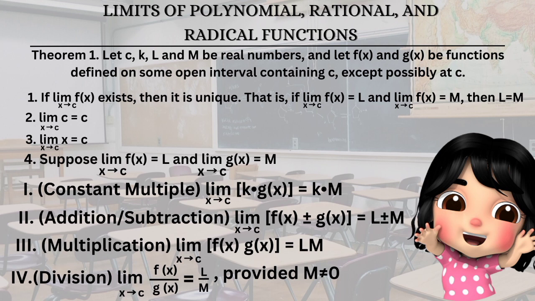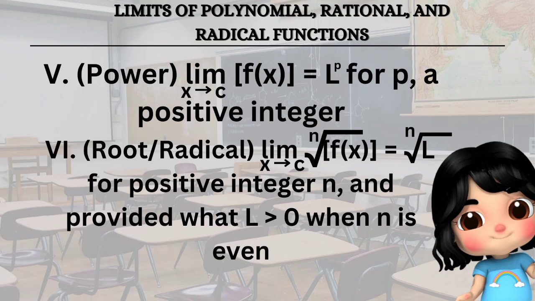Multiplication. Limit of f of x times g of x as x approaches C is equal to LM. Division. Limit of f of x all over g of x as x approaches C is equal to L over M, provided M is not equal to 0. Power.